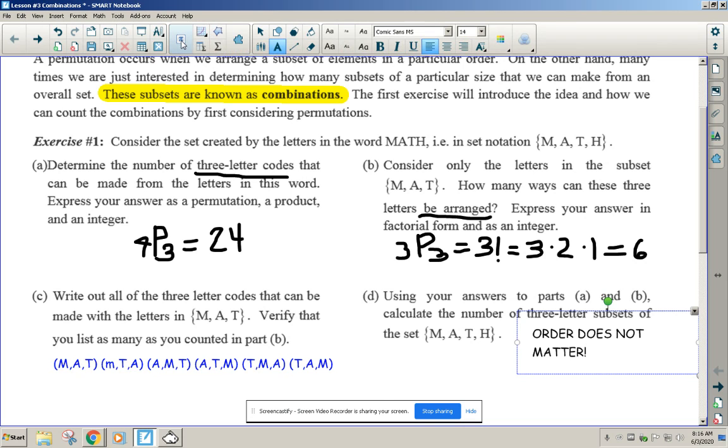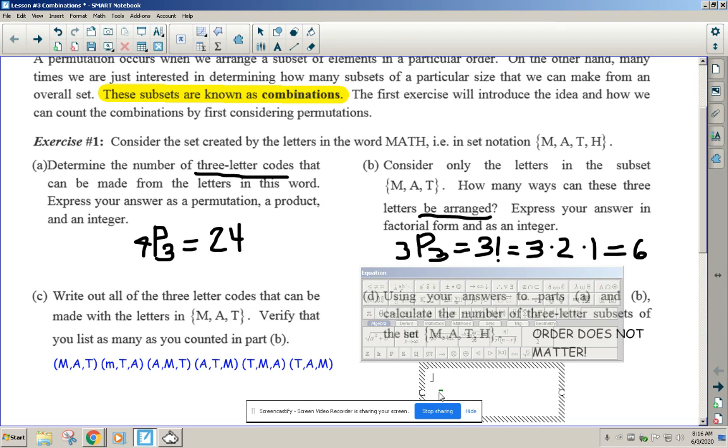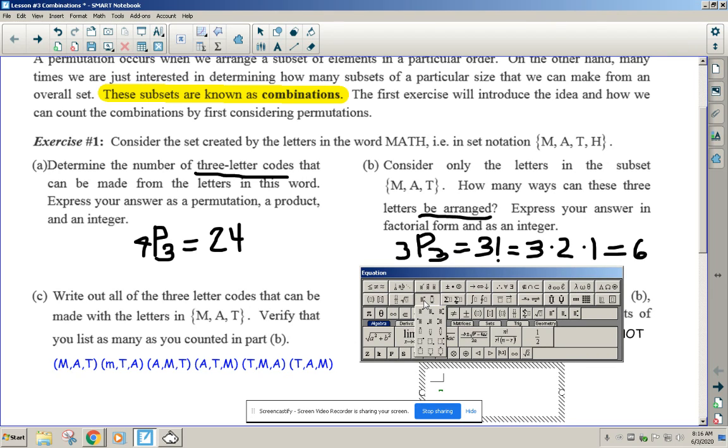I'm going to actually use the math keys for this. So here, I am going to have 4, and then P, and then 3.